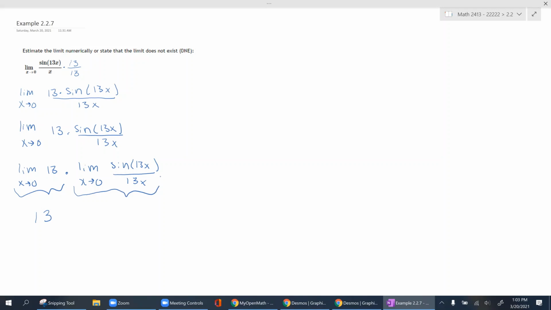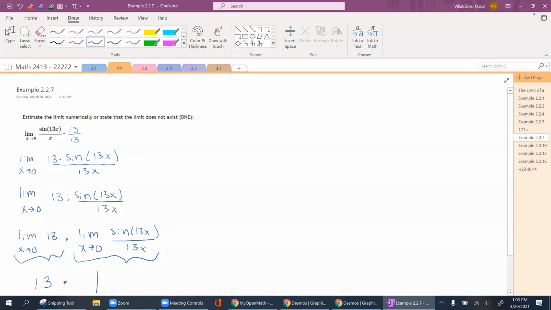We looked at this before. These are the sine ones I was talking about. That is 1. So then I just multiply those two together. 13 times 1 gives me 13. And that right there is my answer. The key thing here was to make sure there was a 13x over a 13x. If it wasn't, I would go ahead and apply it, but just keep things balanced.